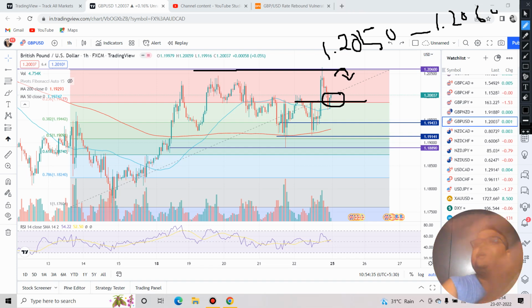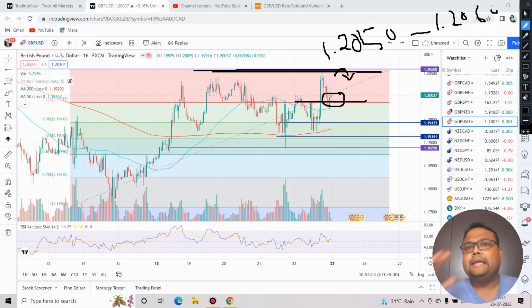So if DXY also remains sideways, then obviously we will get a good selling opportunity around the 1.2050-1.2060 level. If we see market struggling around this level, price rejecting from above, then we can take a sell position at this level.